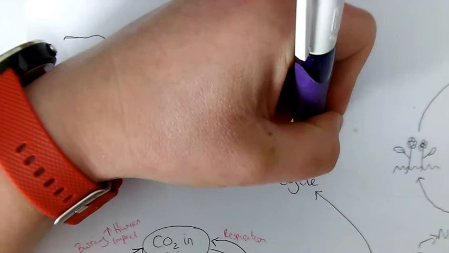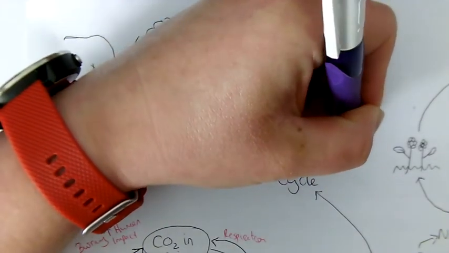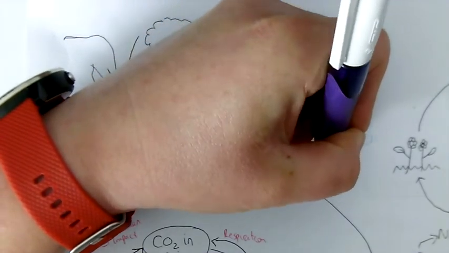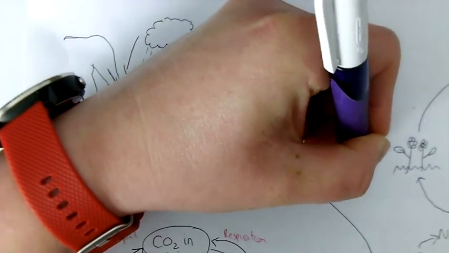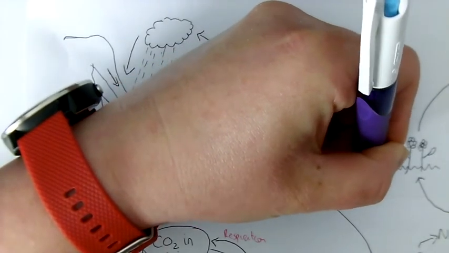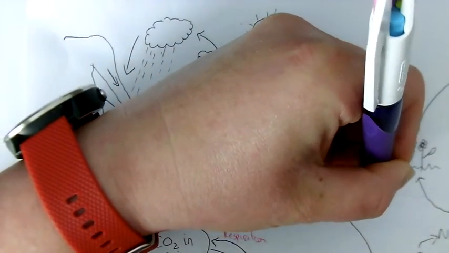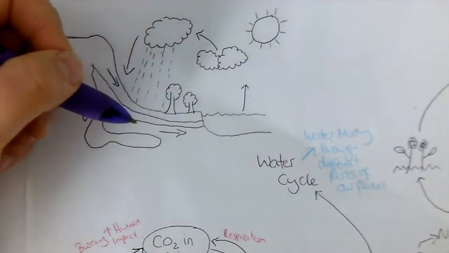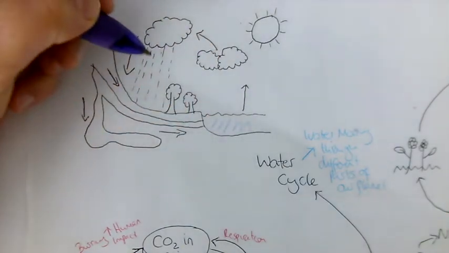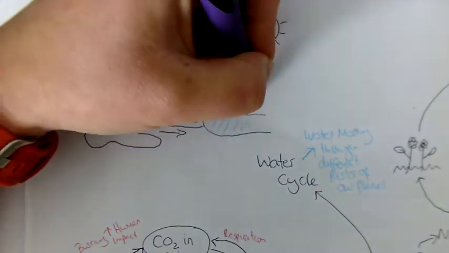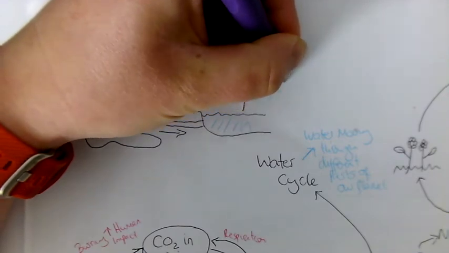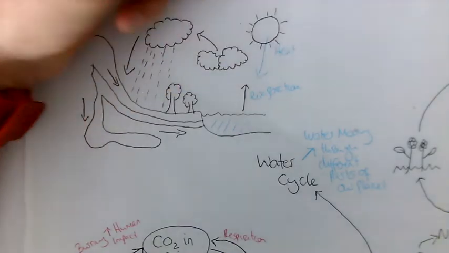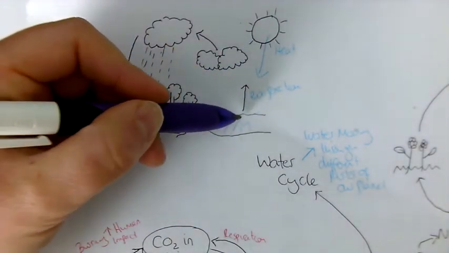So, water. So what we've got then is, if we have our seawater here, we get evaporation as the heat from the sun warms up the ocean, it evaporates.